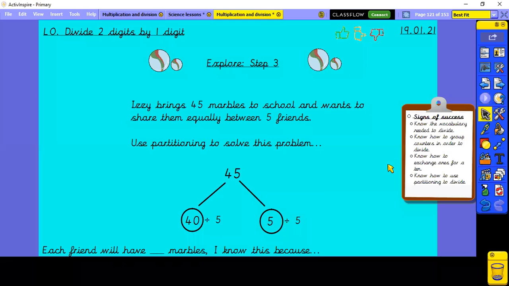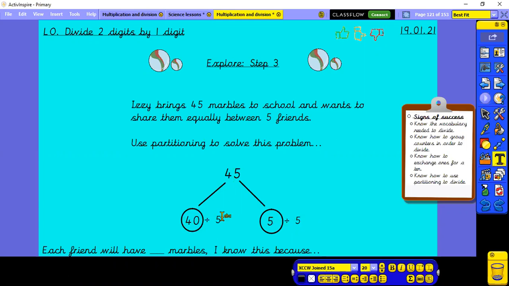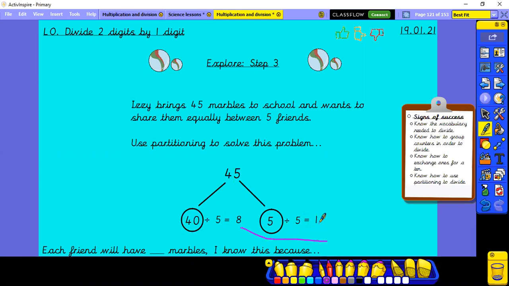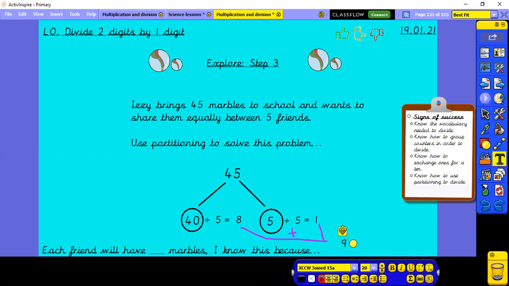Okay, so you should have partitioned 45 into 40 and then 5. And what you need to do is divide each part model by 5, and then we'll have a look at what the answer will be. So 40 divided by 5 is 8, 5 divided by 5 is 1, and then as always you need to remember to add these two numbers together to get our quotient, our answer, which is 9.